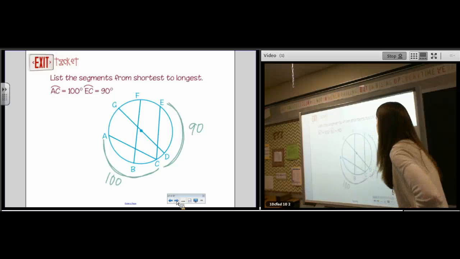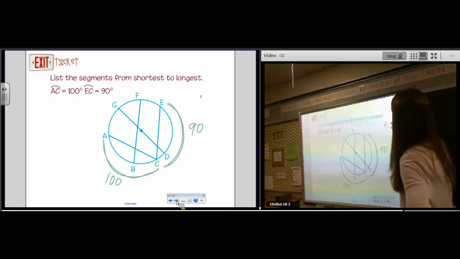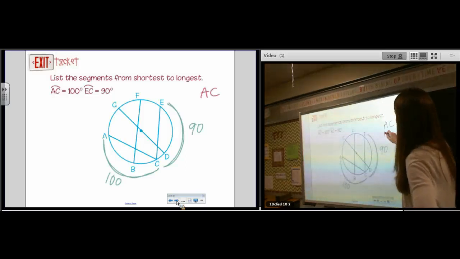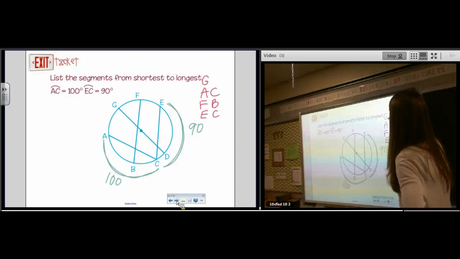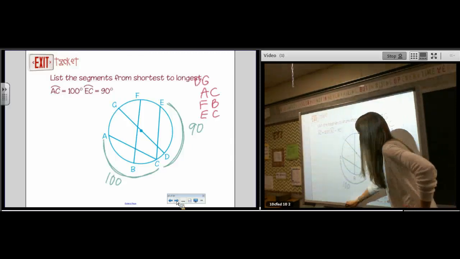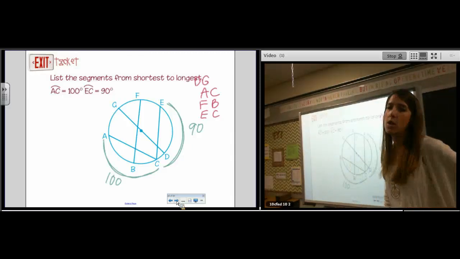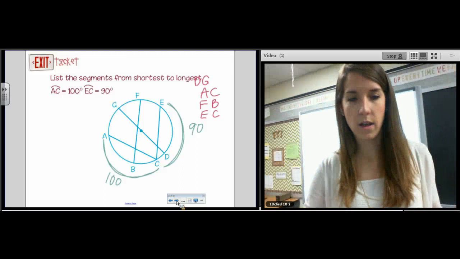And you're listing the chords, I'm just going to write them: AC, FB, EC, and DG. I want you to put those in order from shortest to longest.